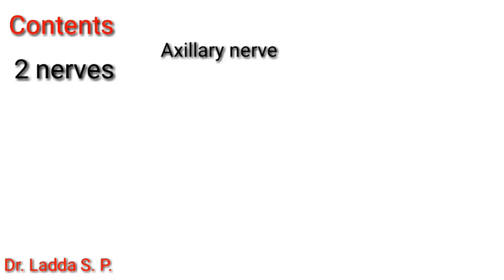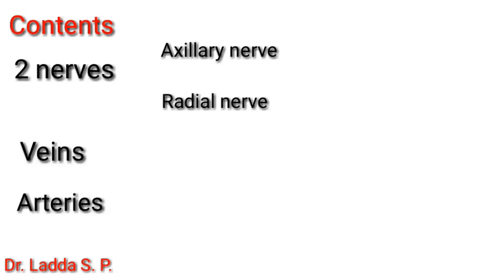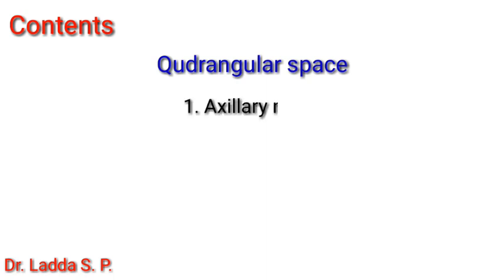These triangular spaces contain two nerves: one is the axillary nerve and one is the radial nerve. And again these spaces contain veins and arteries. The quadrangular space contains a nerve, the axillary nerve, and two vessels.